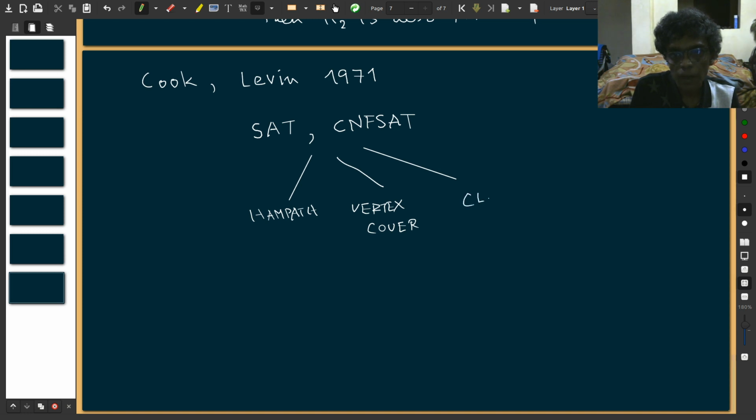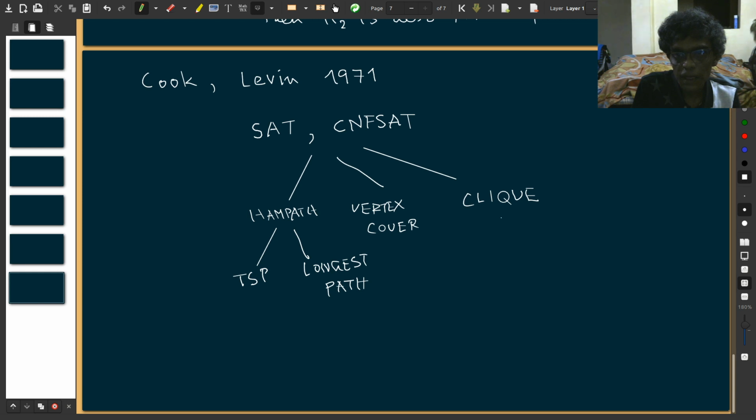Maybe the clique problem. And again, from this Ham path, we will prove the traveling salesperson problem, longest path problem, etc. in graphs to be NP-complete. From clique, we will see independent set. Okay, so these are our first generation stars.